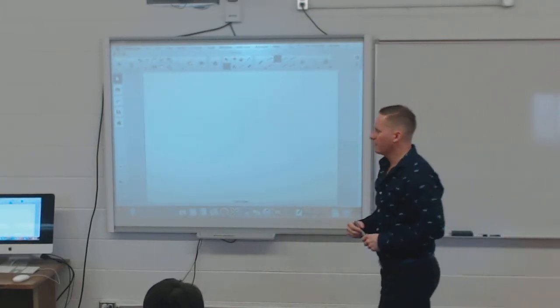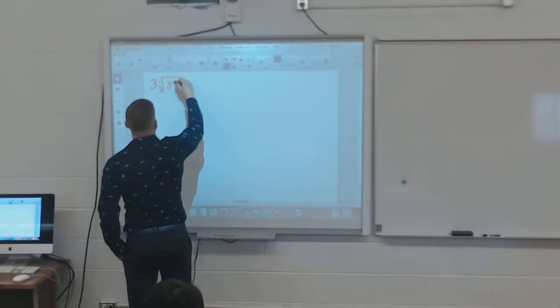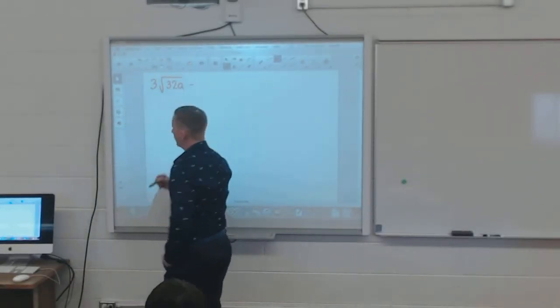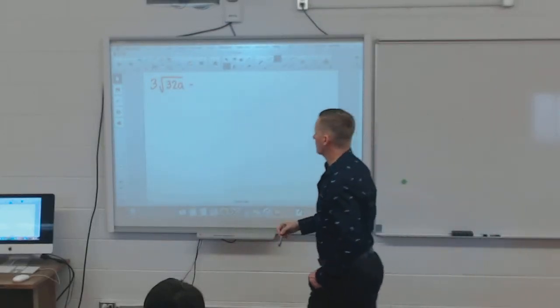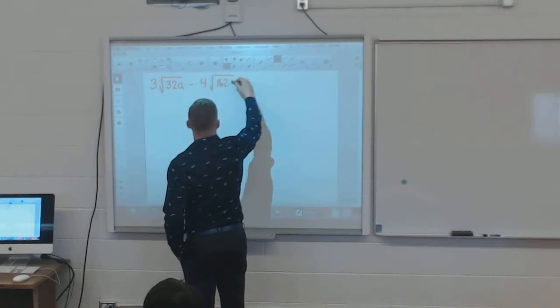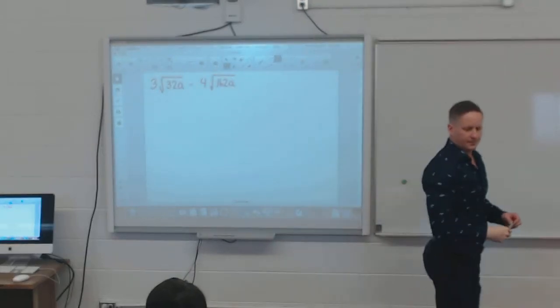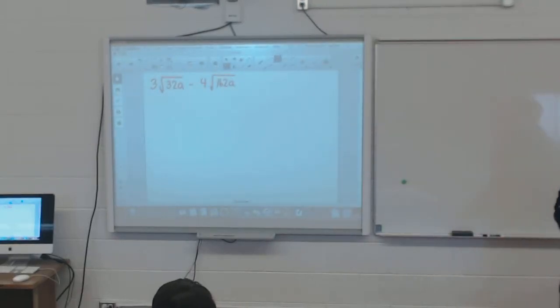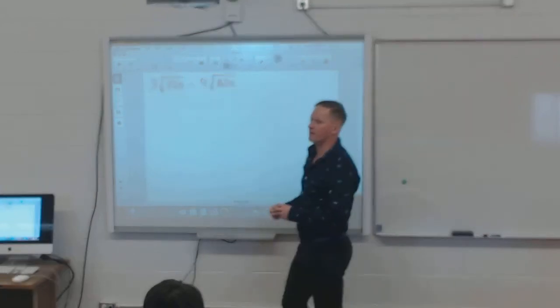Okay, 3 square root 32a minus 4 square root 162a. Now, first things first. If you look in your book, it has a notation beside this, and it says that a has to be greater than or equal to 0.